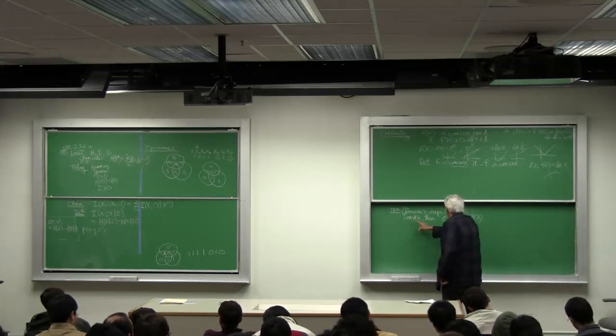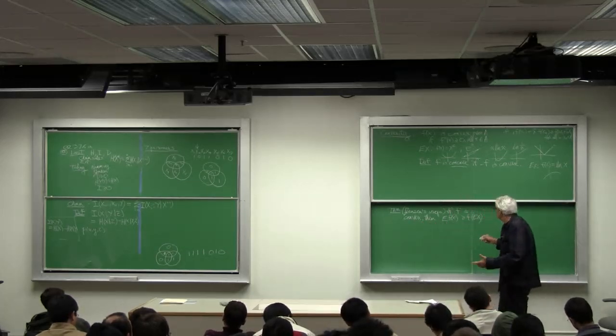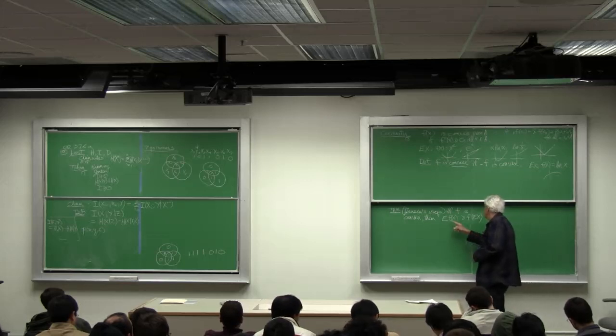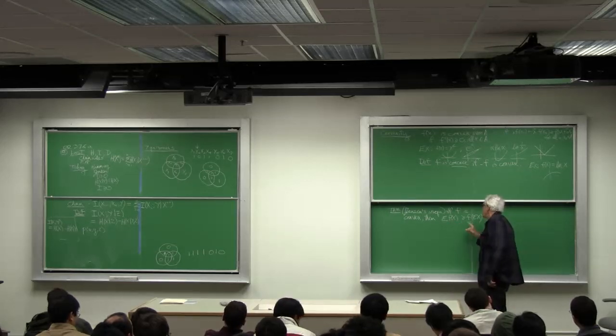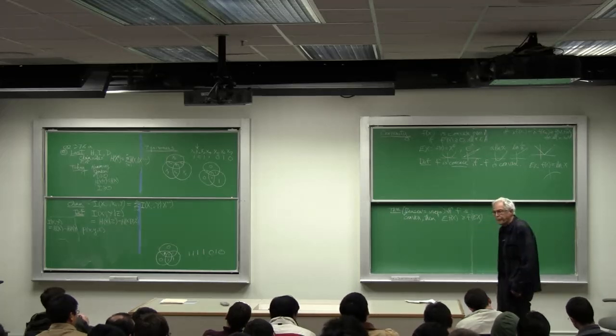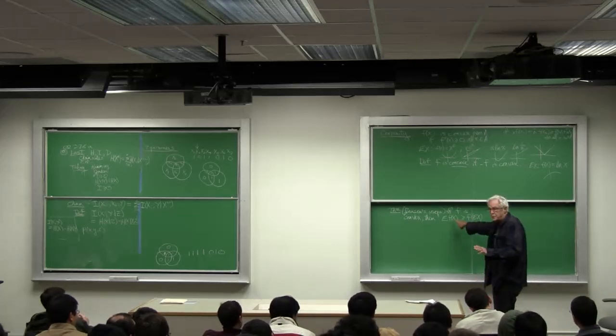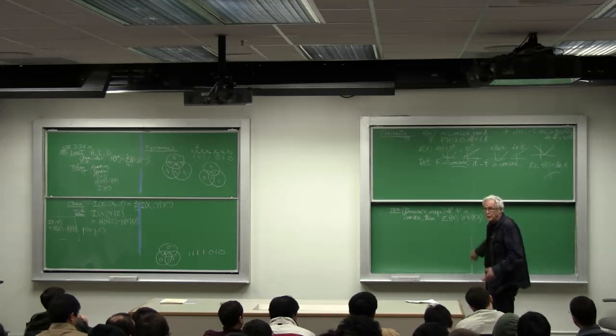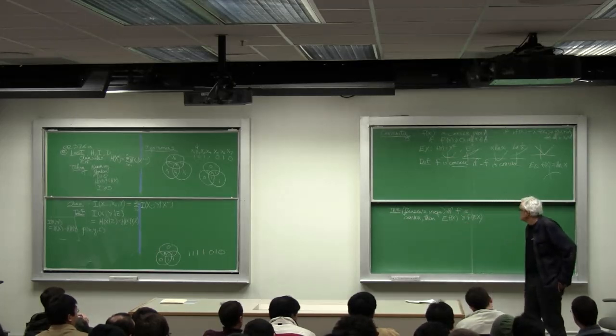So I better say that x is a random variable. This is for any distribution on x. f is not the underlying distribution, it's just some function, a convex function.